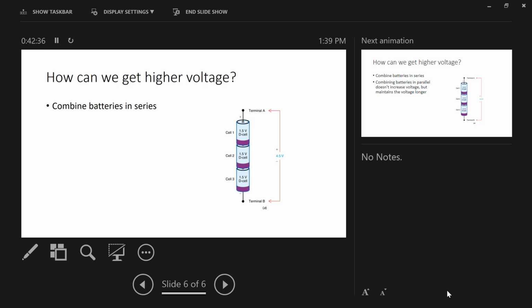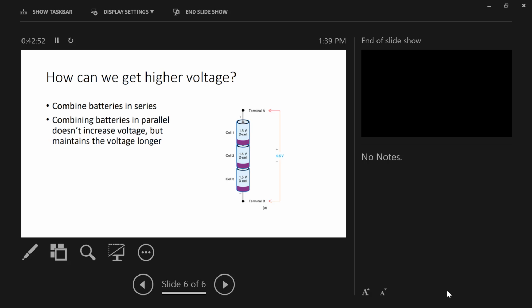Have you noticed that some remote controls require you to put the batteries in this way, in series? But other devices require you to put the batteries in a different way, not in series, but in what we call parallel. Combining batteries in parallel, or side by side, does not increase the voltage. Instead, it increases the capacity.